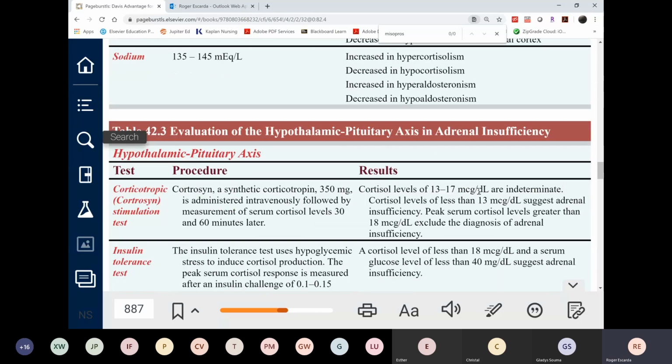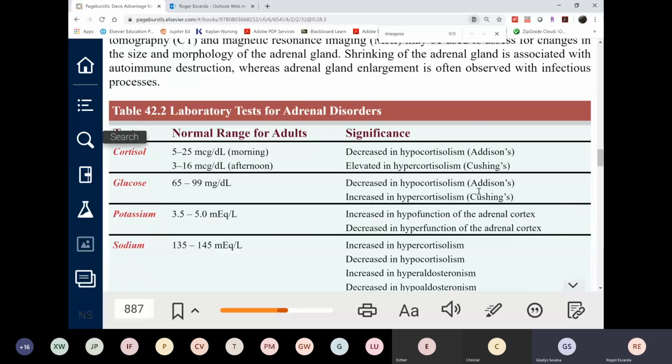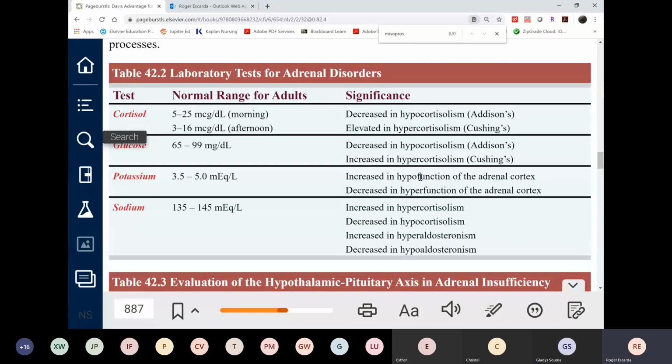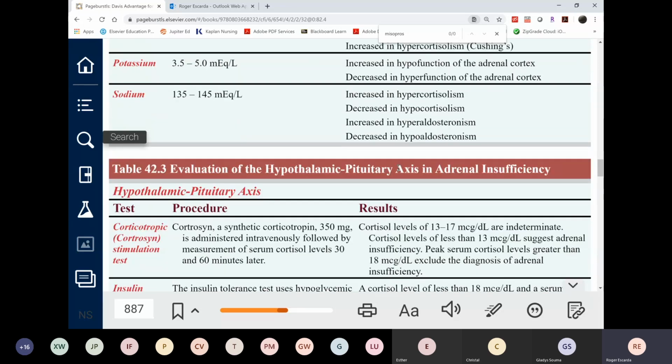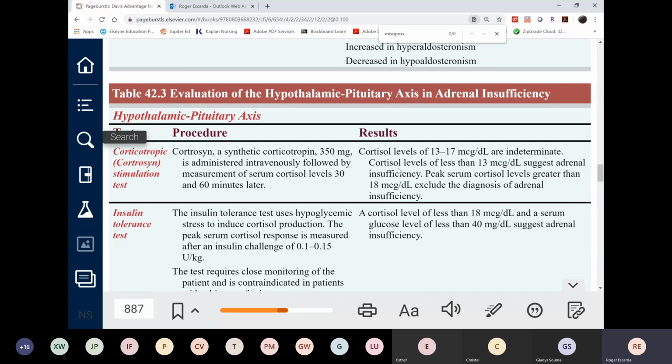This chart, they already compared both, so we'll go back to this chart later when we talk about Cushing's, which should be easy. I mean, they're all totally opposite. Low in one, high in the other. It's one or the other. To help you not make a mess out of the exam, just stick with the hormone. Just think about what the hormone does.